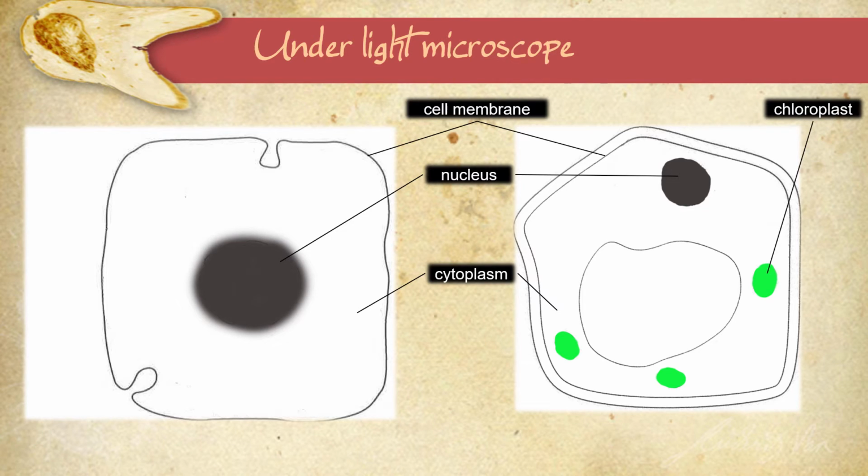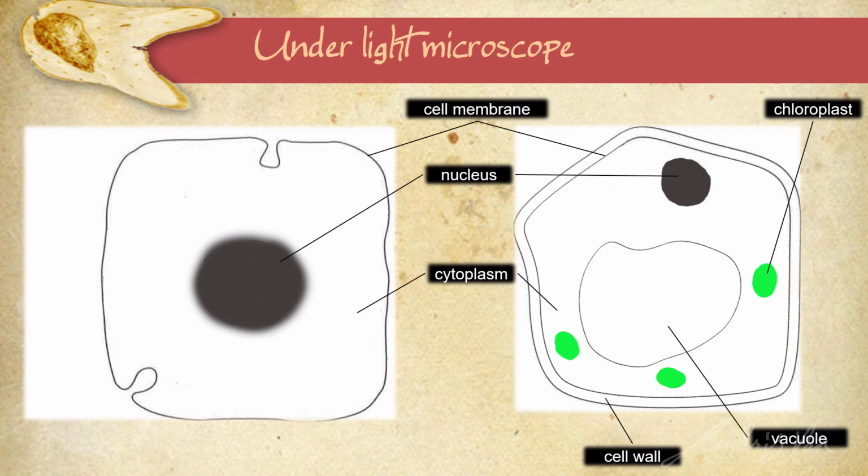For the plant cell, you have chloroplasts. Also, you will see a vacuole for the plant cell. Then, of course, for the plant cell, you have the cell wall. So these are the structures as well as organelles that you can observe using a light microscope. Pause the video, copy them down.